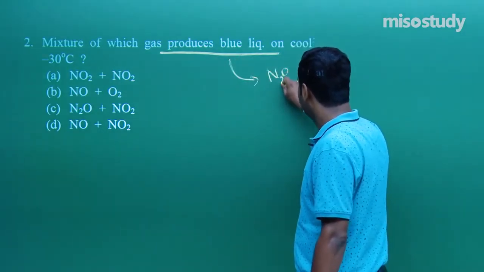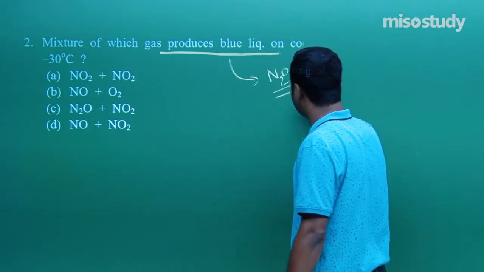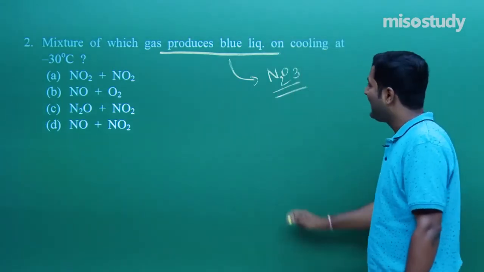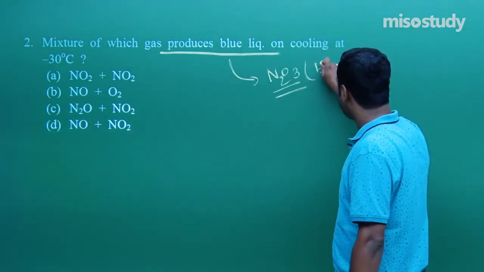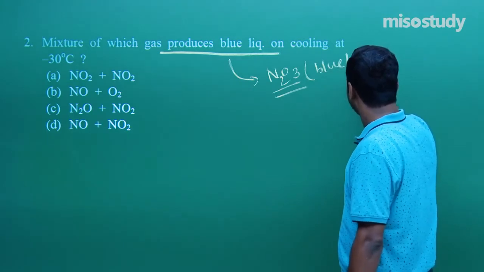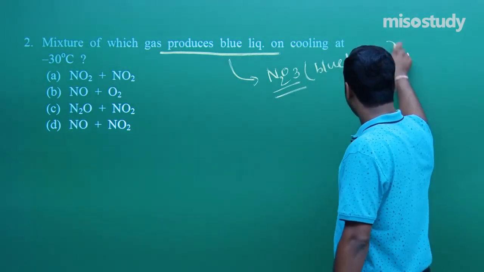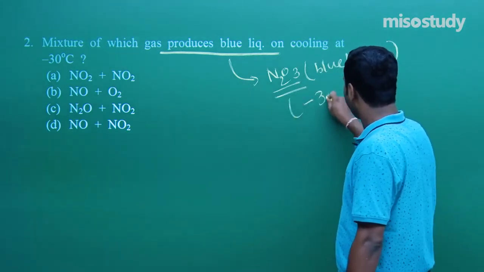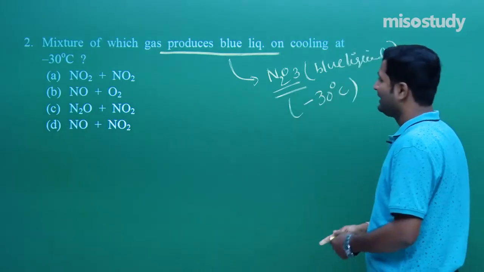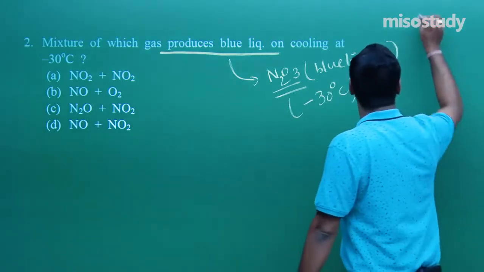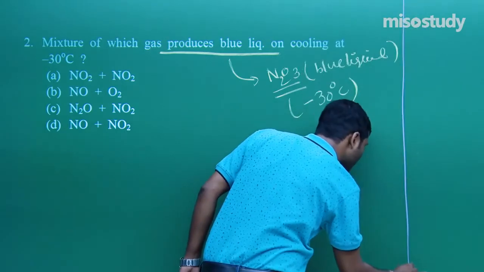If there is a formation of N2O3, then this is a blue liquid, clear to you, and it forms at minus 30 degrees centigrade. So which composition is required to form N2O3?